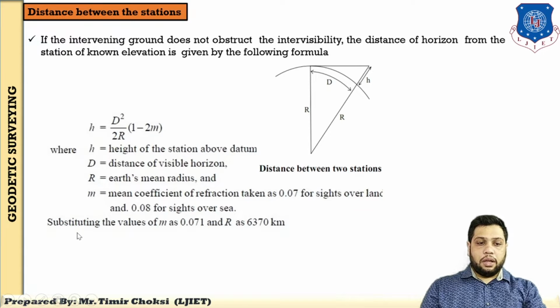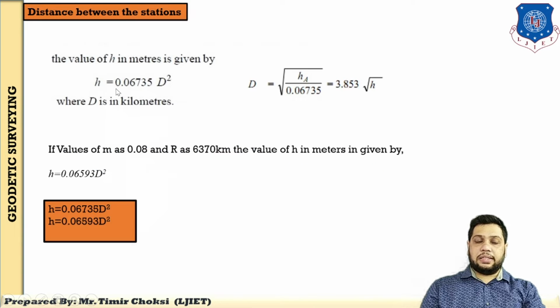Now, substituting the value of m as 0.071 and R as 6370 kilometers into this equation, we get h equal to 0.06735 d square. So the value of h in meters is given by h equal to 0.06735 d square when the line of sight is over land, where d is in kilometers.